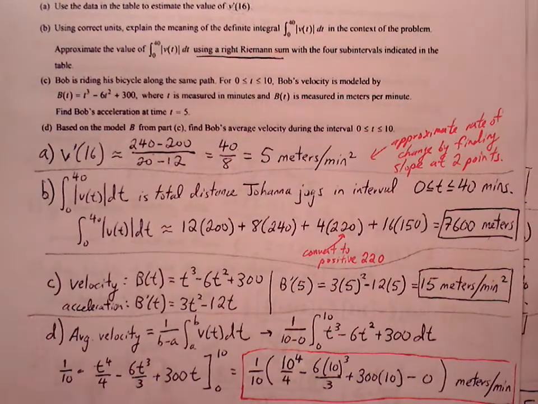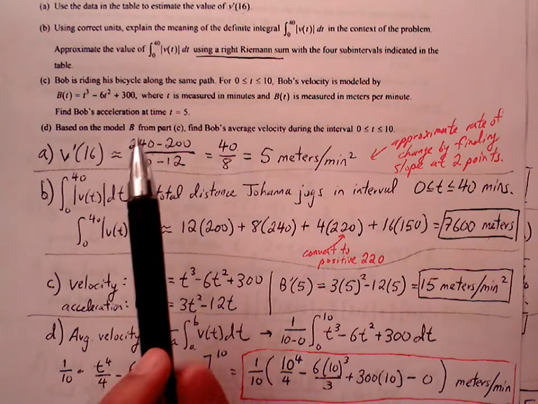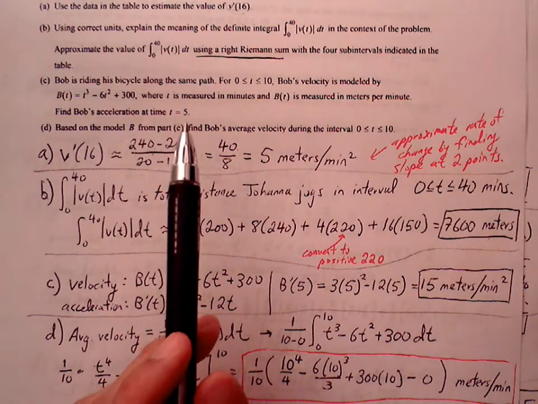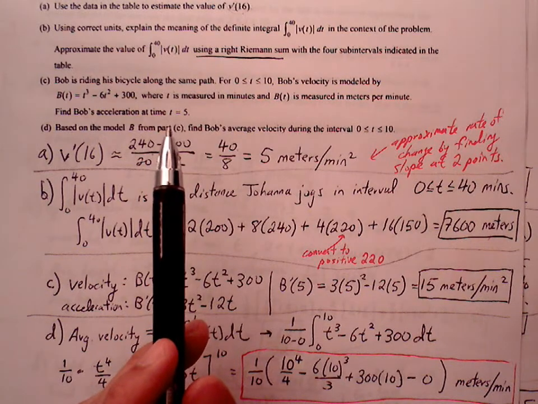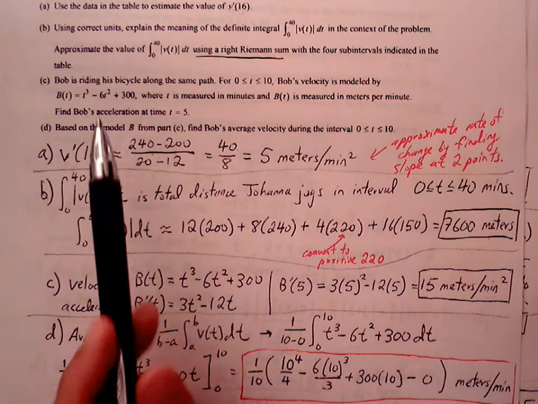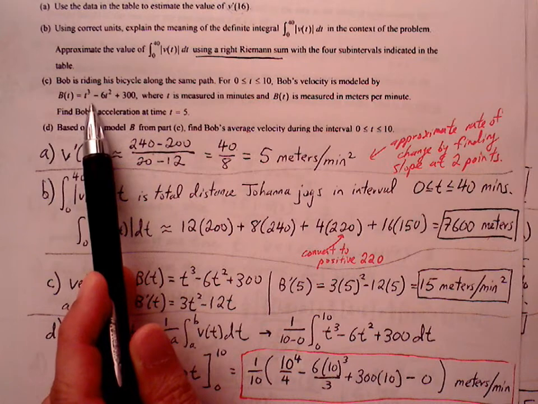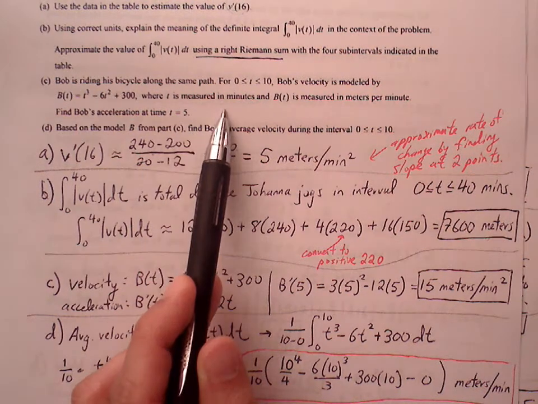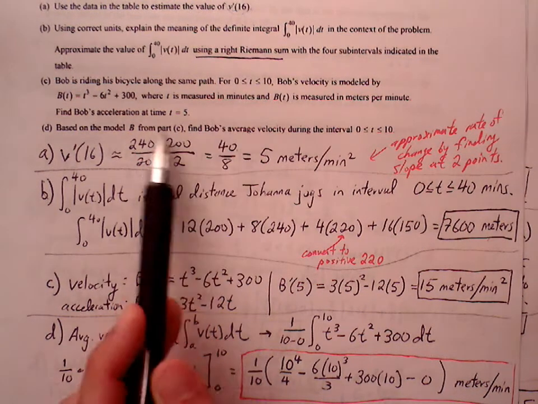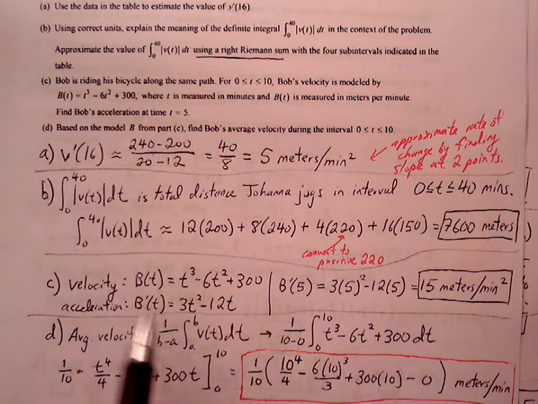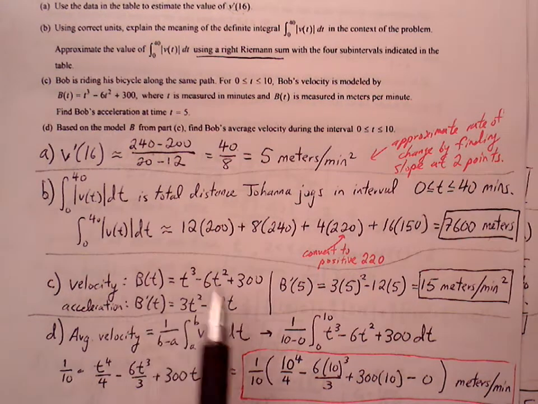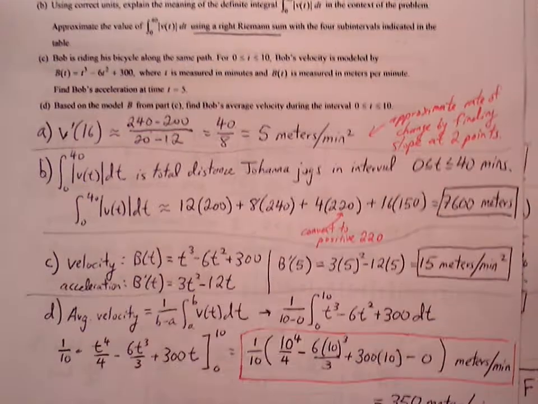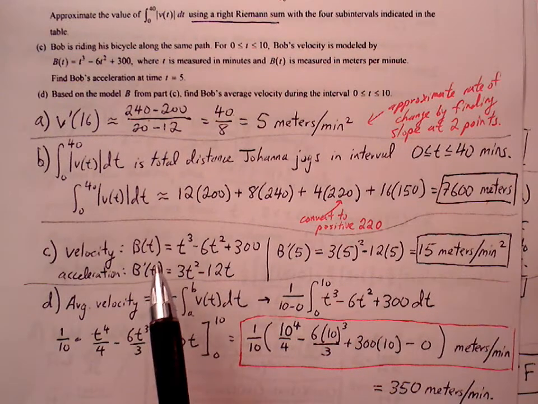For part C, Bob is riding his bicycle along the path. For t between 0 and 10, Bob's velocity is modeled by b of t. So this is the velocity function, where t is measured in minutes and b of t is measured in meters per minute. Find the acceleration at time t equals 5. Well, if b of t is the velocity function, then acceleration is the derivative of this velocity function.